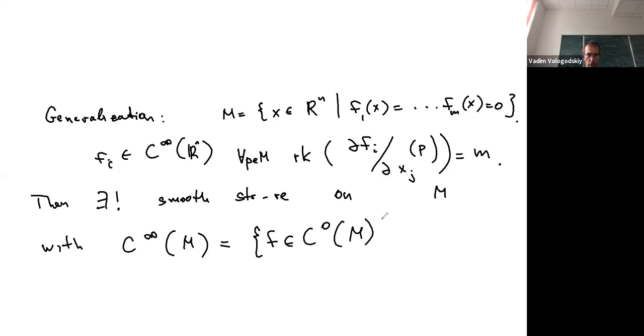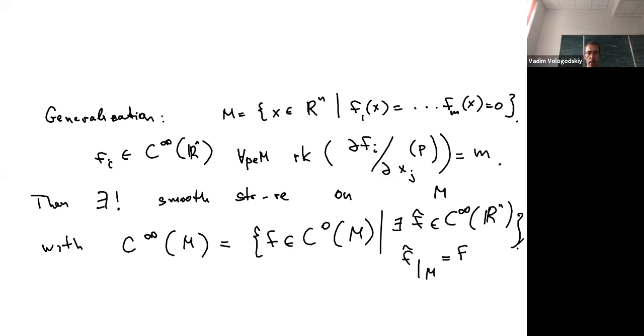Continuous functions such that there exists an f tilde on Rn whose restriction to M is the given function. Okay, and the proof is similar to this.